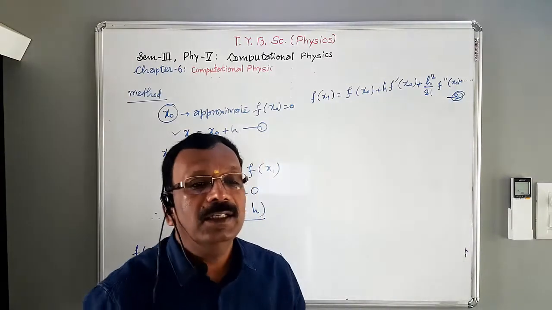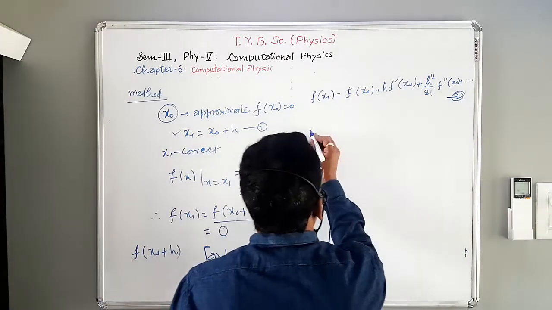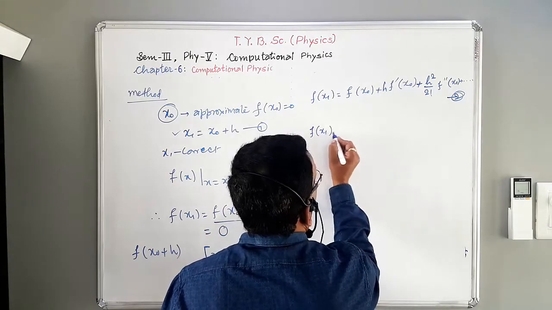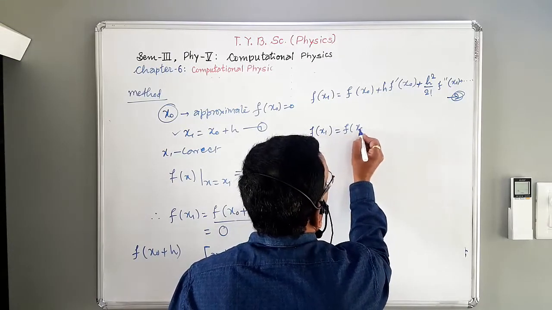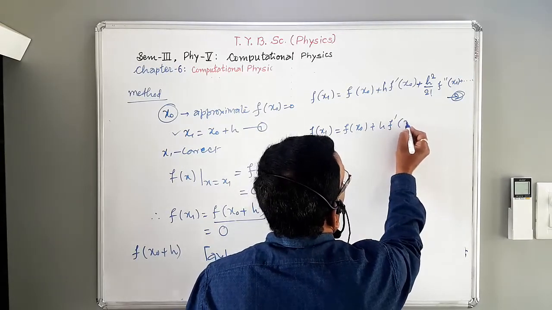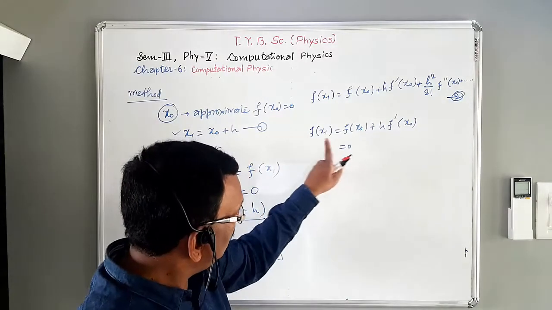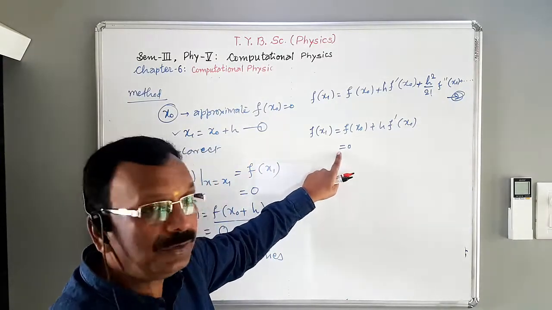After neglecting the second and higher order derivatives, this equation gives us f of x1 is equal to f of x0 plus h f prime x0, and this is equal to 0. This is equal to 0 means f of x1 is equal to 0.